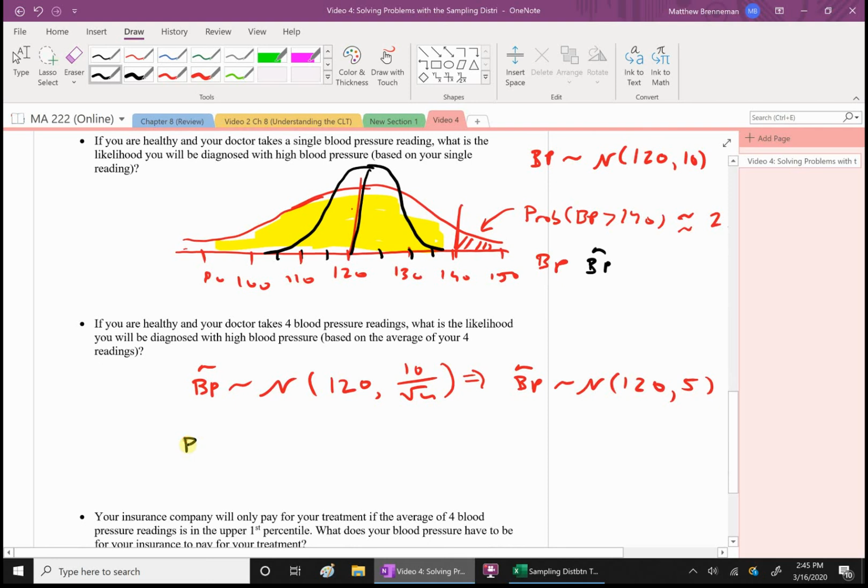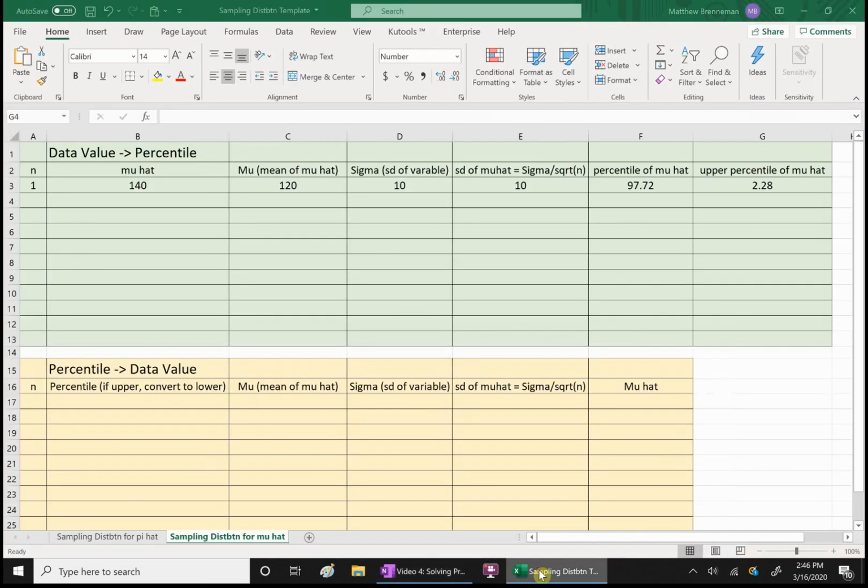So if we now ask the question, what is the probability that the average blood pressure is going to be greater than 140? Again, I can use Excel for that. And in fact, all I have to do really is just change the sample size, right? Everything else is the same on the spreadsheet. So if I simply change 1 to 4, everything else automatically updates.